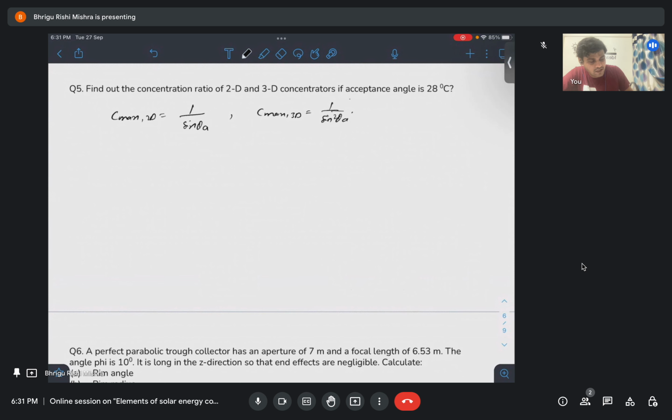Here the acceptance angle is given, and please note that we use half of the acceptance angle. So 2 theta is given as 28 degrees, not Celsius, just 28 degrees, so theta is 14 degrees. So we can calculate C max 2D. Just a minute.